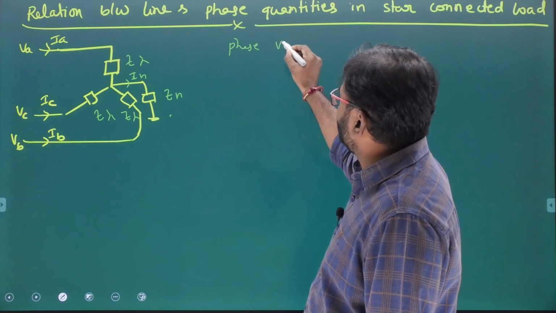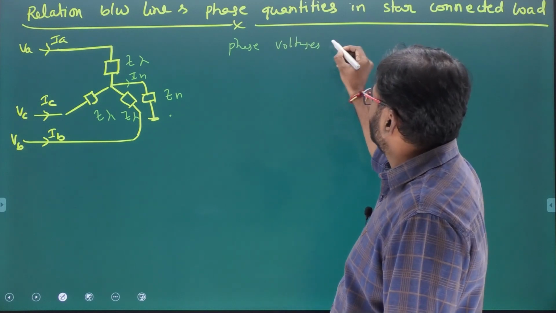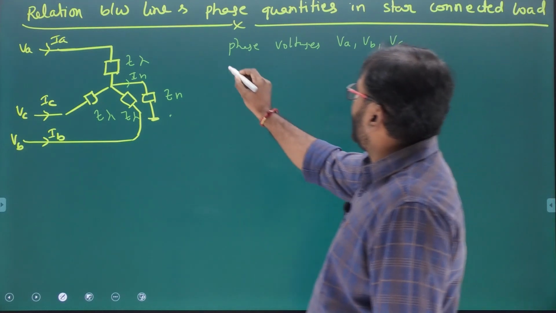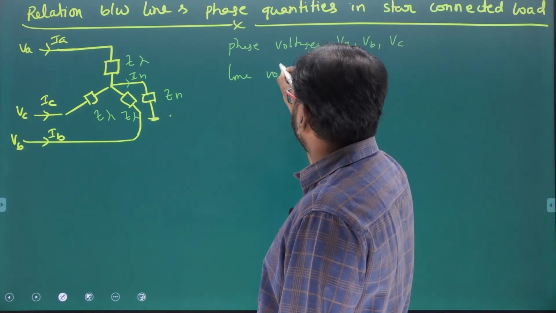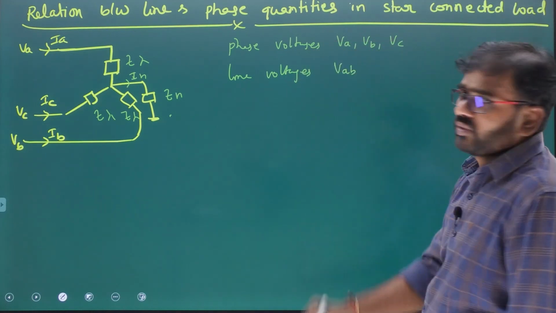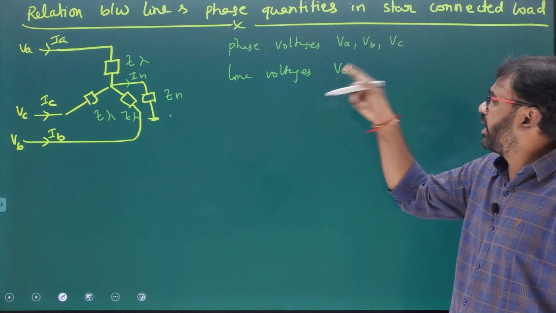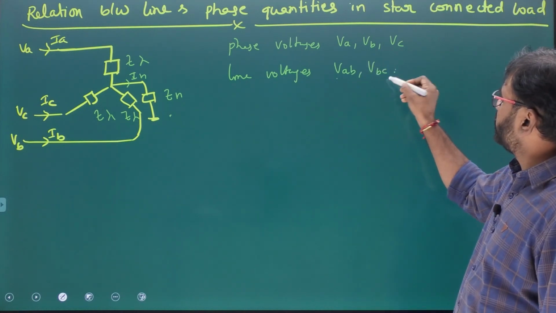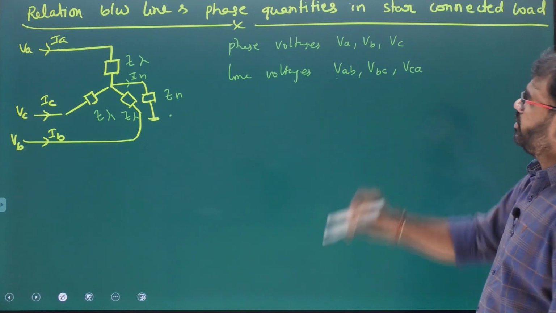The standard way of defining the phase voltages is VA, VB, VC. What about the line voltages? Phase voltage VA has the corresponding line voltage VAB, then VBC, then VCA.